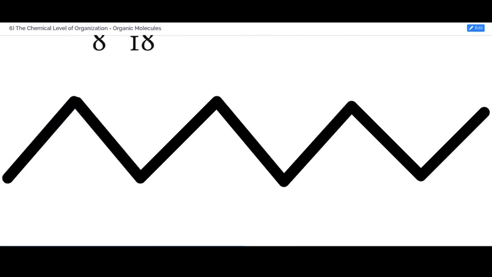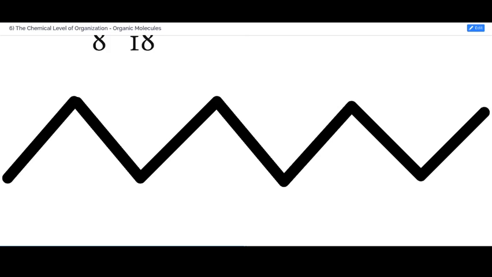Drawing out all these C's and H's in the lines gets a little bit tiresome. So for organic molecules, we have a shorthand that we use quite a bit, which is we draw lines representing the bonds, and where they come together and make an angle is where there's an atom.